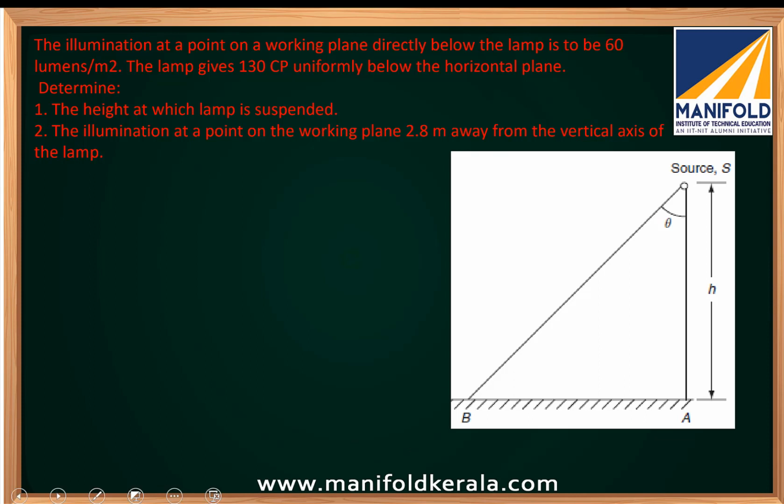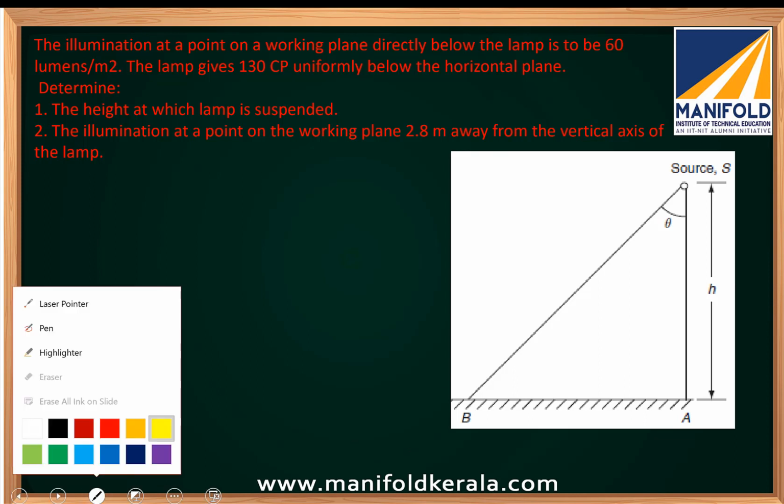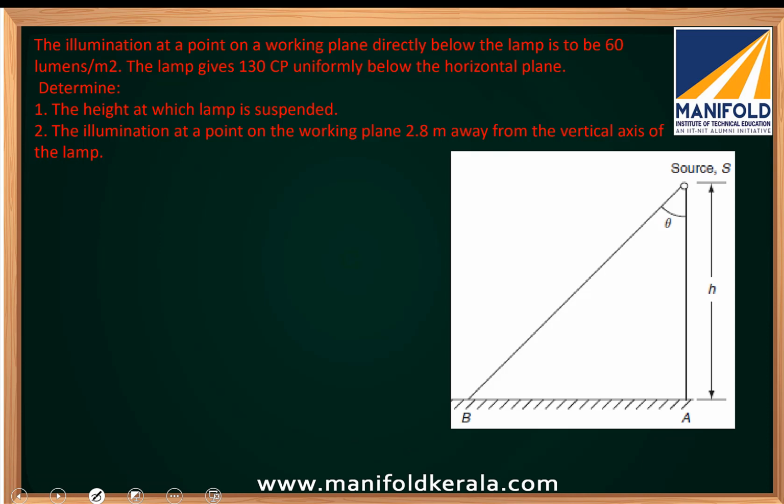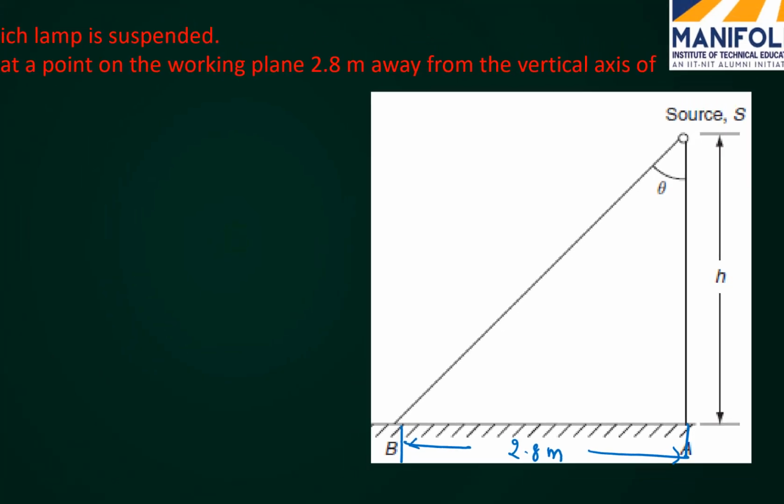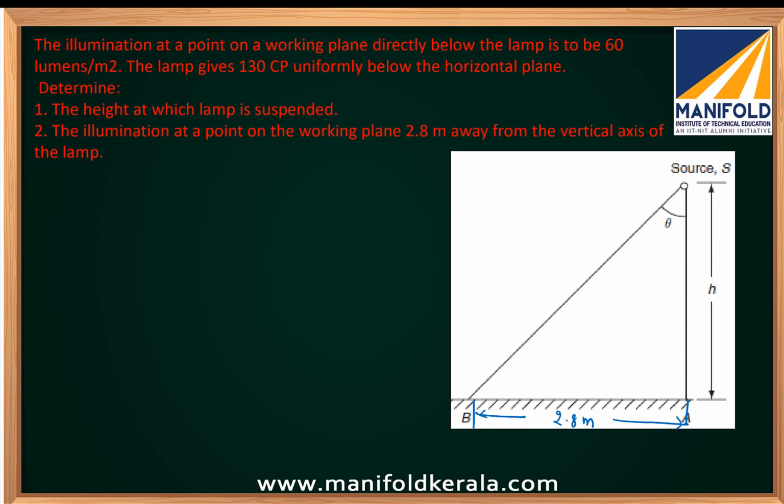So here this distance is 2.8 meters, and we have to compute the height, and the angle theta is not mentioned. First, let us call this point A, as mentioned below.